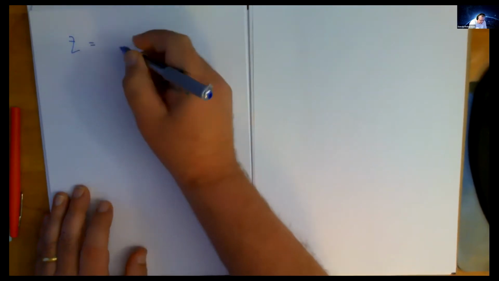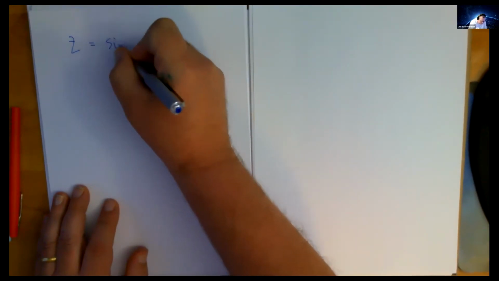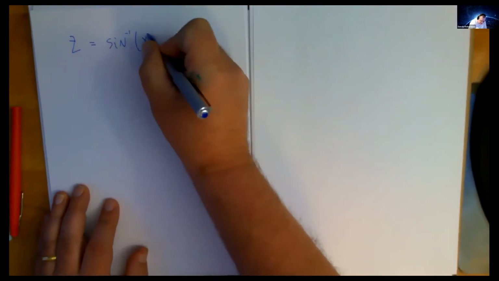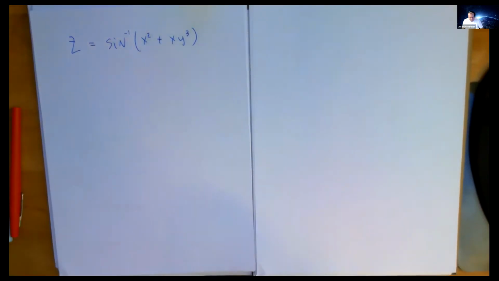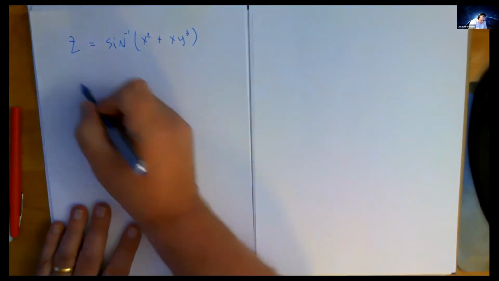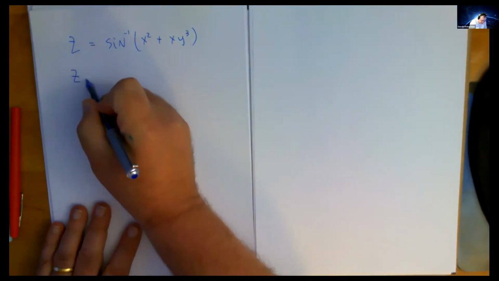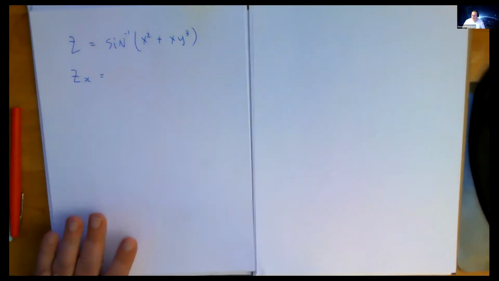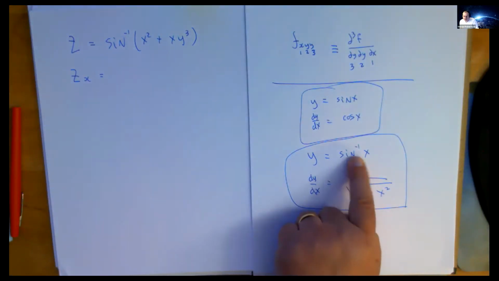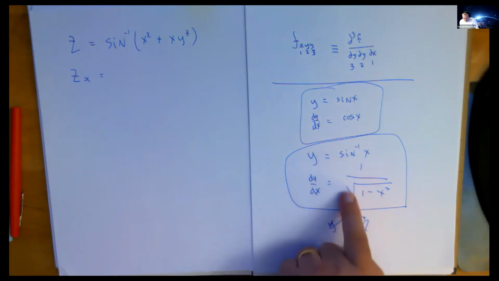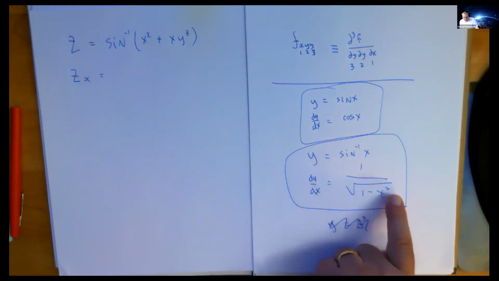Suppose we had z equals the inverse sine of x squared plus xy cubed. And we would like to know the partial derivative, say, with respect to x. Now, the derivative of an inverse sine of something is 1 over the square root of 1 take away something squared.